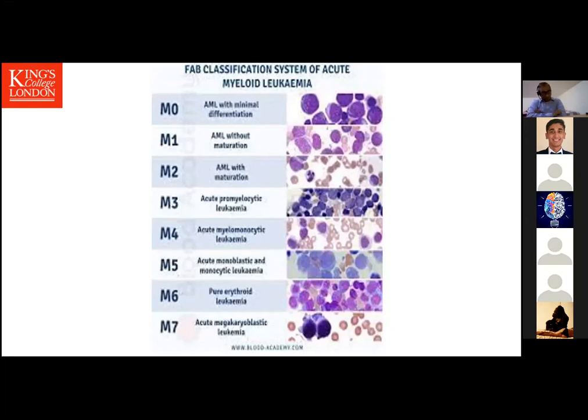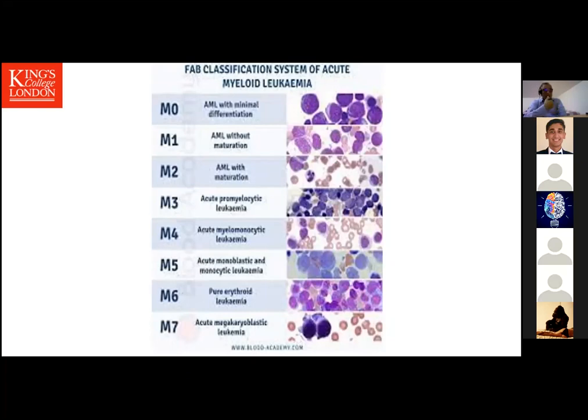Then we have M1, which is AML without maturation. That means it has differentiated, committed itself to become a myeloid cell as it grows, but it has still not shown any maturation. And then M2, when the cells start maturing. I know that you can't see those cells, the picture is rather fuzzy, but the take-home point is that's how we classify according to maturation and differentiation.